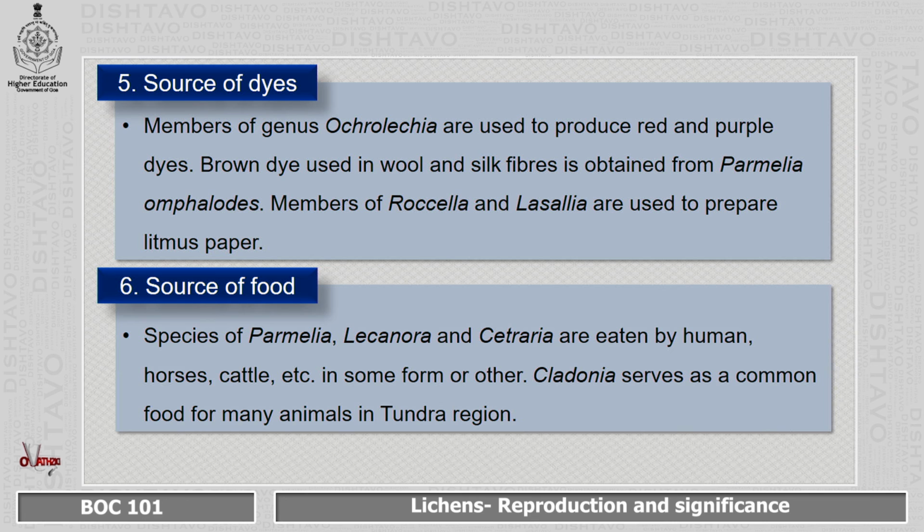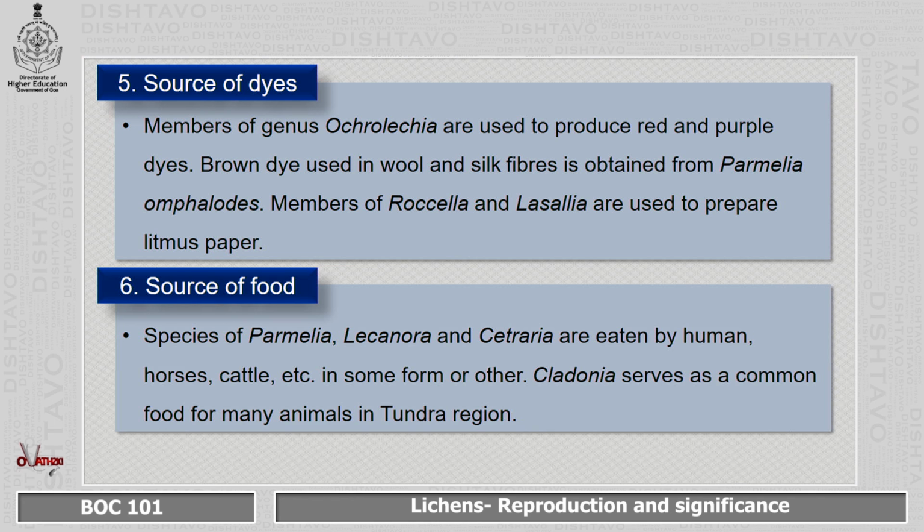Fifth is, they are used as source of dyes. Members of genus Ochrolechia are used to produce red and purple dyes. The brown dye used to dye wool and silk fibers is obtained from Parmelia omphalodes. Members of Roccella and Lecanora are used to prepare litmus paper.